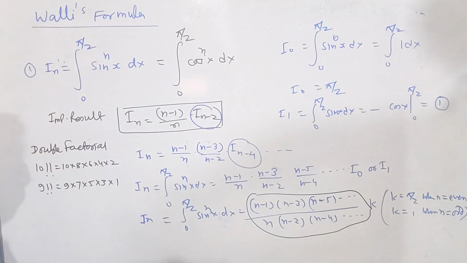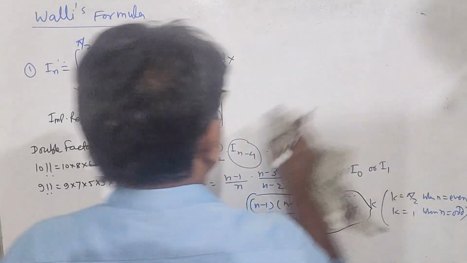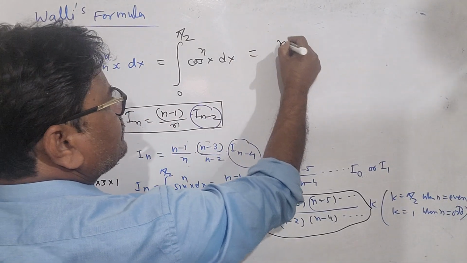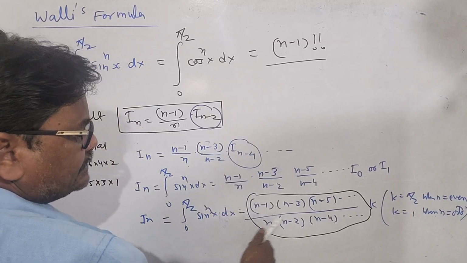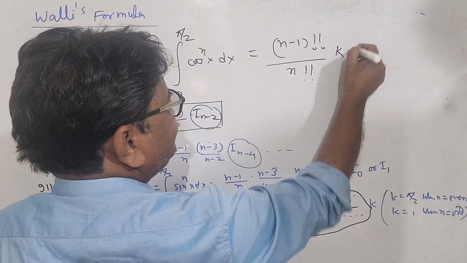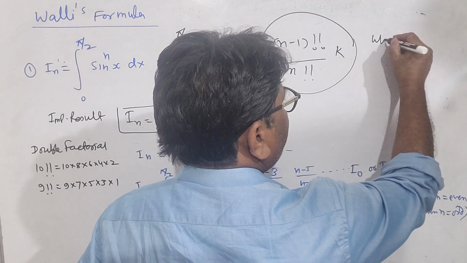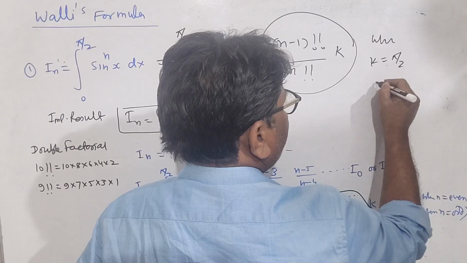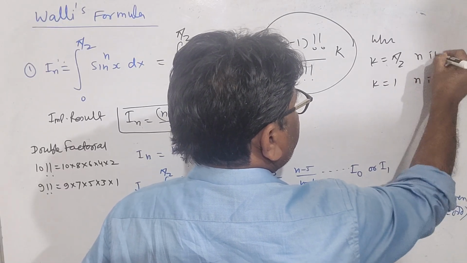Therefore this is the double factorial of n minus 1. You can easily now remember this formula, that is equal to the double factorial of n minus 1. And similarly here n, then we are reducing, so the double factorial of n, into k. So this is easy to remember. (n minus 1)!! divided by n!! into k, where k is either pi by 2 or 1, for n even and n odd.